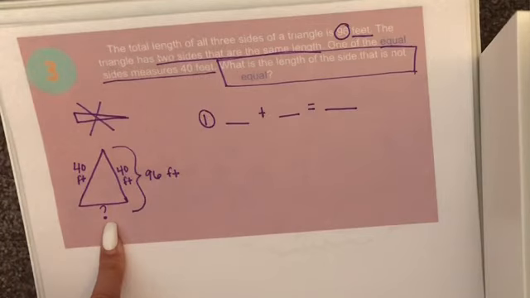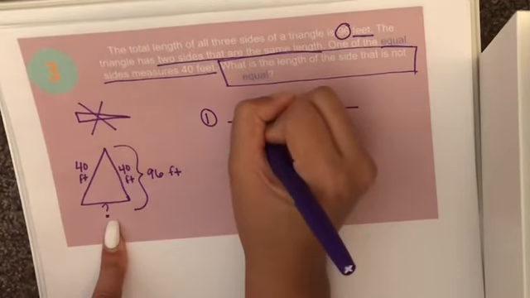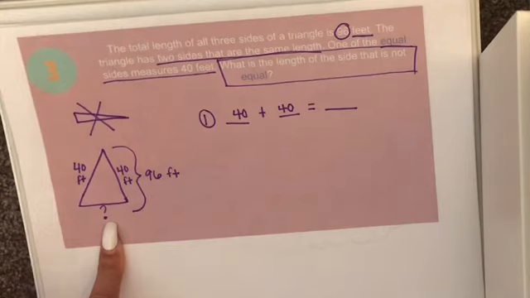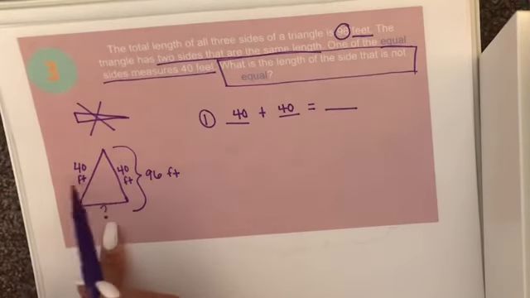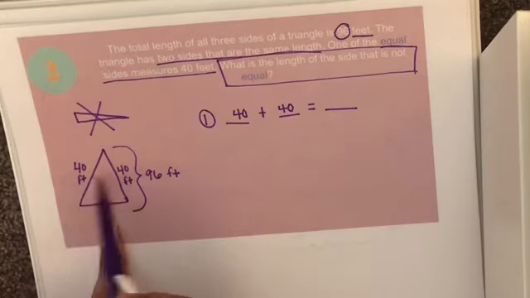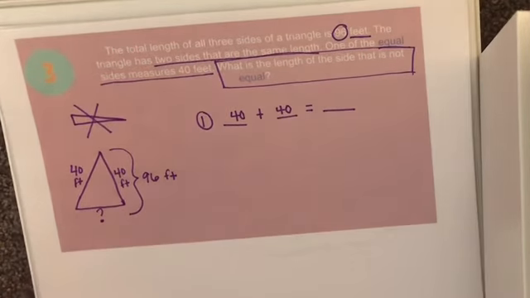Okay, so the only numbers that I know are my two equal sides, and they're both 40. And that's telling me how long these two parts of the triangle are. So 40 plus 40, if I start at 40, 50, 60, 70, 80.